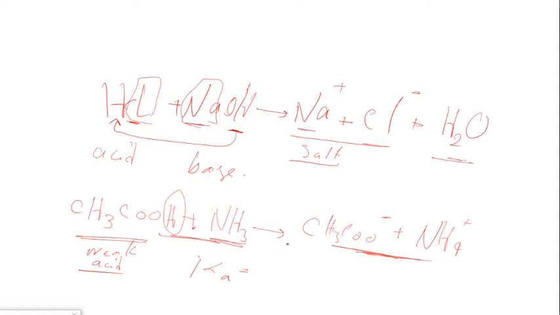So in the second case, it will be the concentration of the acetate ion multiplied by NH4 plus, divided by NH3 multiplied by CH3COOH.